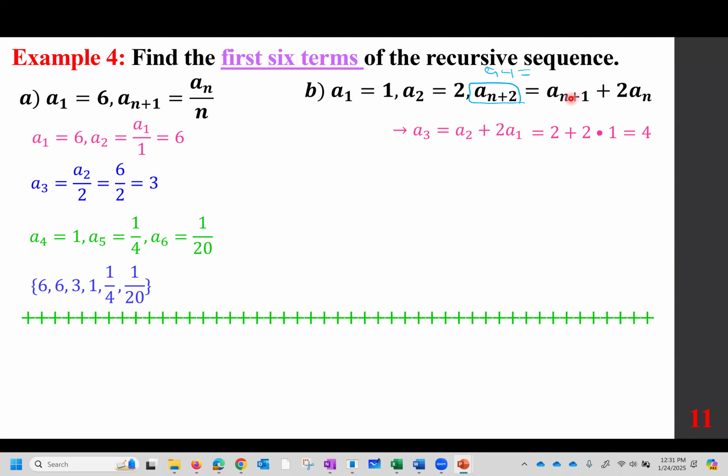The one before that, A sub 3, plus 2 times the one before that, A sub 2. So A sub 4 is 4 plus 2 times 2, they add up to 8.